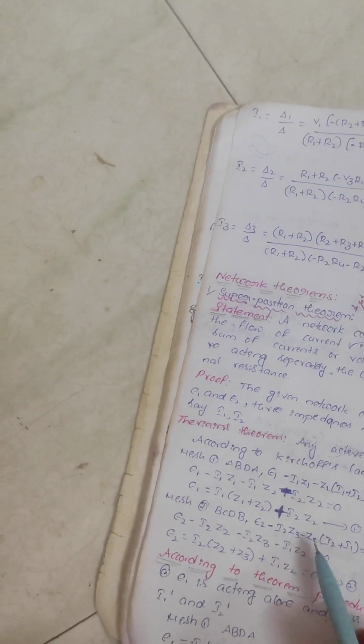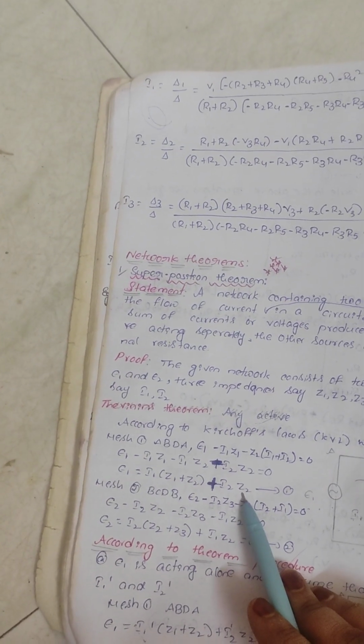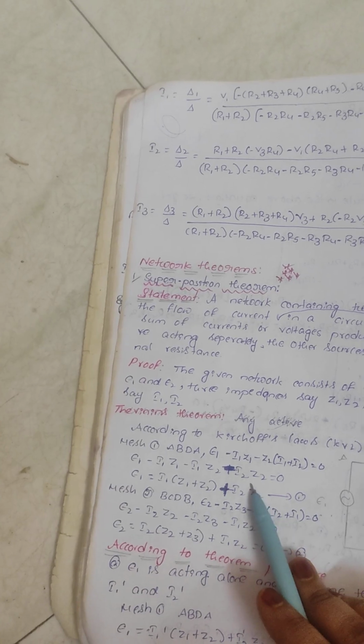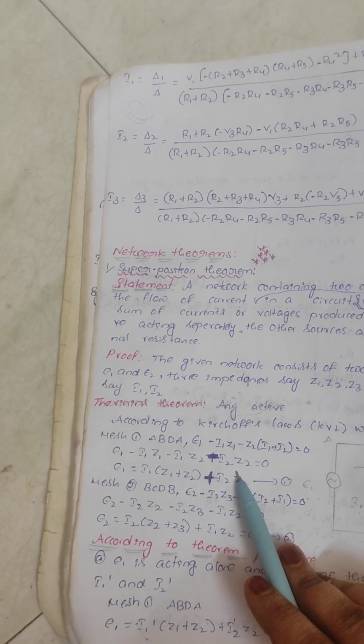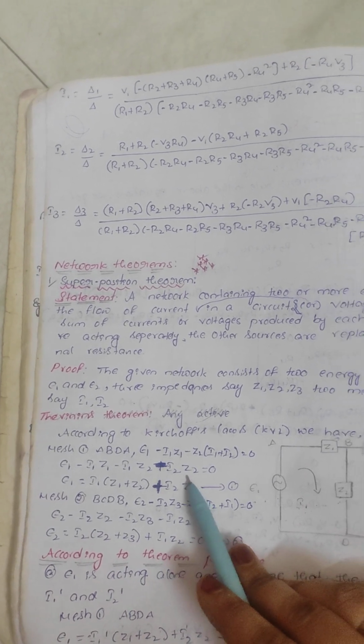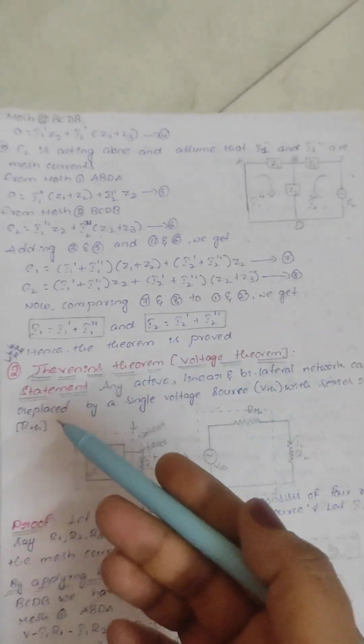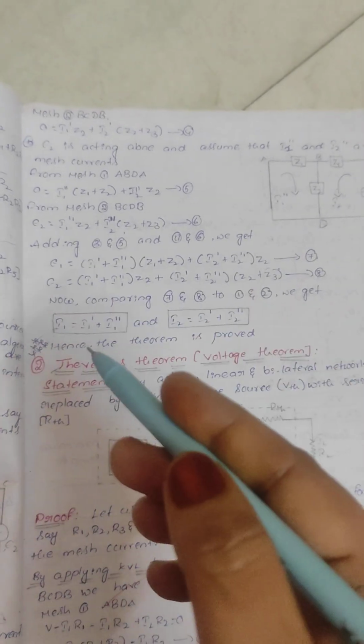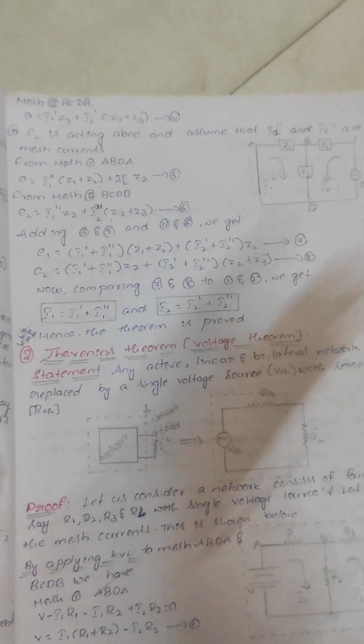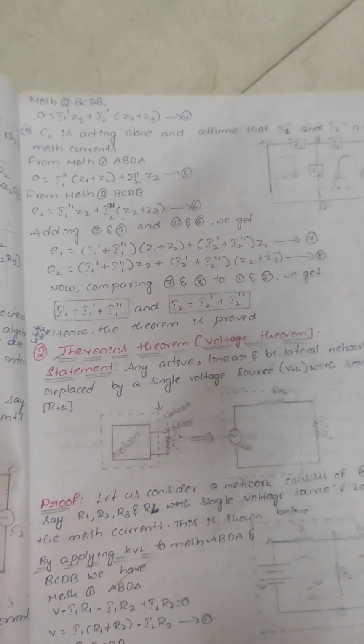Next, by comparing equation 2, Z2, I2 is only there. What we have to get? I2 dash plus I2 double dash. Hence, the theorem is proved from these equations: I1 is equal to I1 dash plus I1 double dash, and I2 is equal to I2 dash plus I2 double dash.